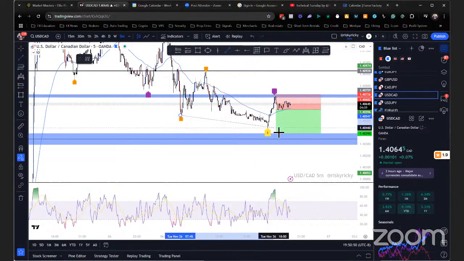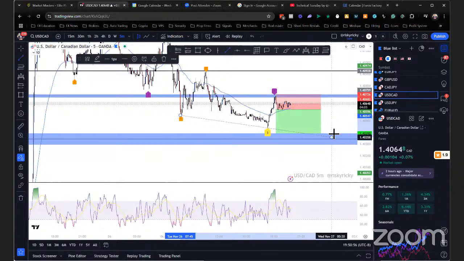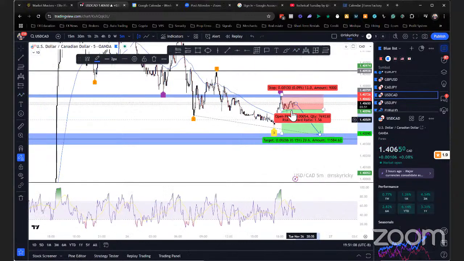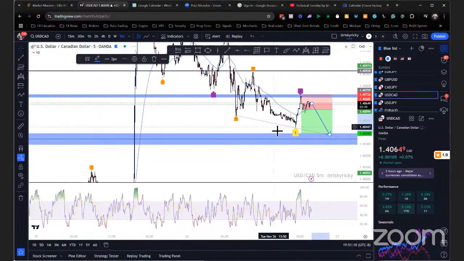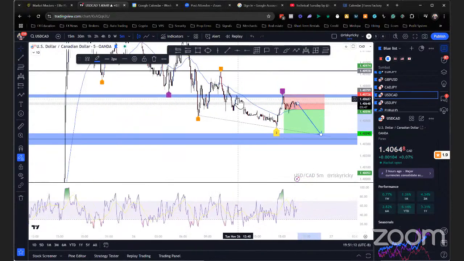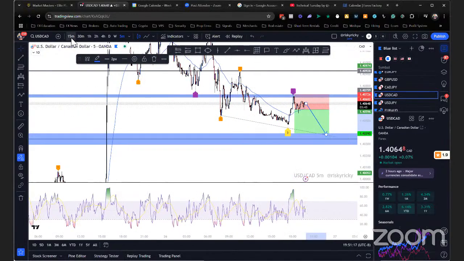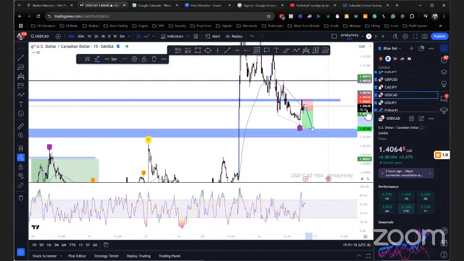Even from marking off the lows here, which I like doing as a potential reaction area, there's room for it to drop and hit somewhere about here. Then when it reaches there, we could be looking for a potential buy setup. But for now, I see a nice clear bearish move coming down.